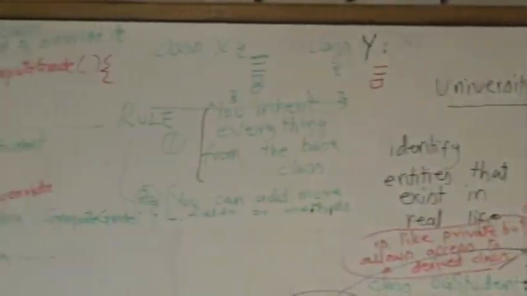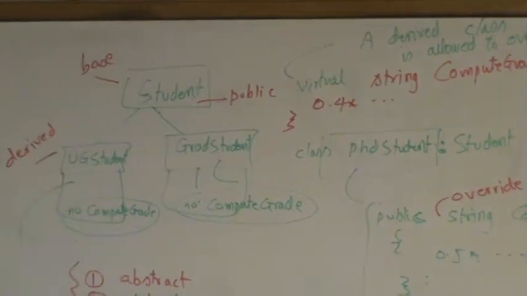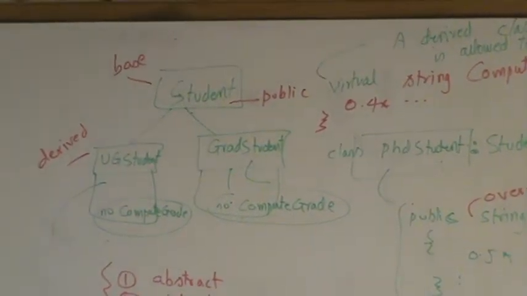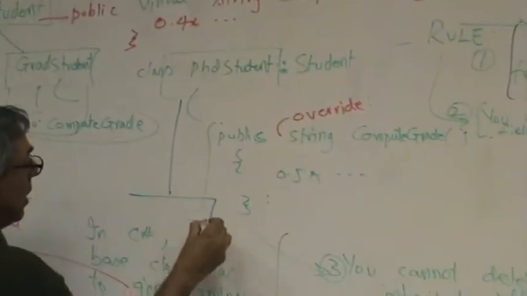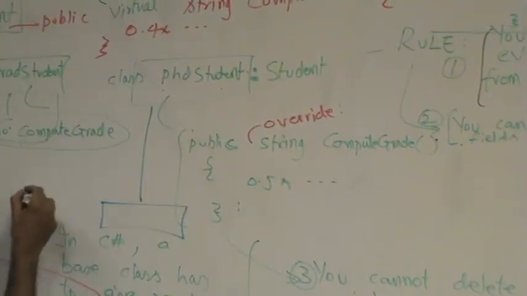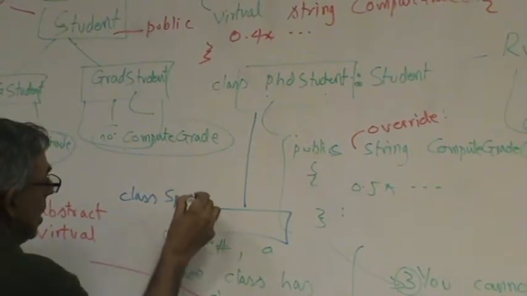So whatever fields we have in this PhD student, the special student also needs those fields, okay? So we decided to inherit from the PhD student. So class special student.